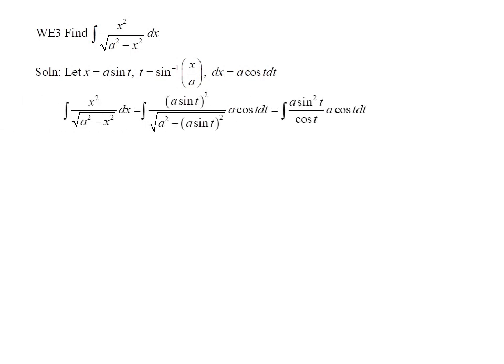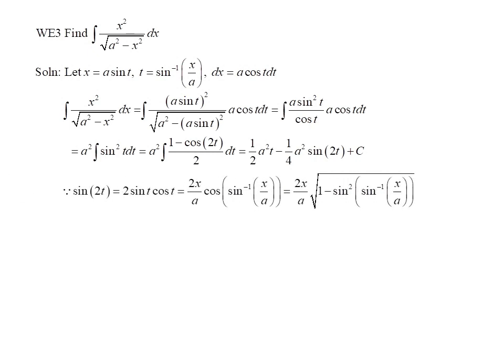Hence, the antiderivative is written as the integral of (a sine t) squared over the square root of a squared minus (a sine t) squared, multiplied by a cos t dt, which equals a squared times the integral of sine squared of t dt, which equals 1 over 2 times a squared t minus 1 over 4 times a squared sine 2t plus c.